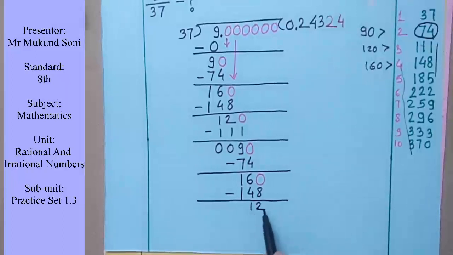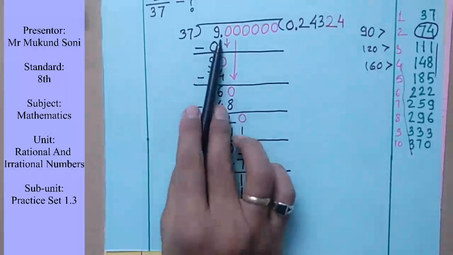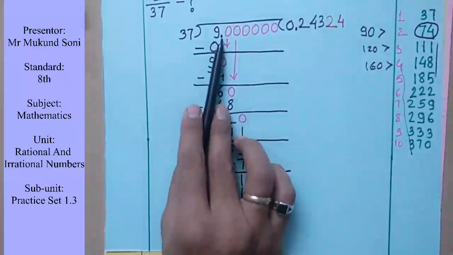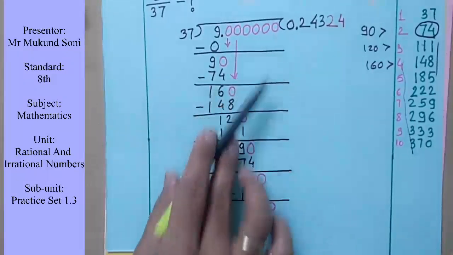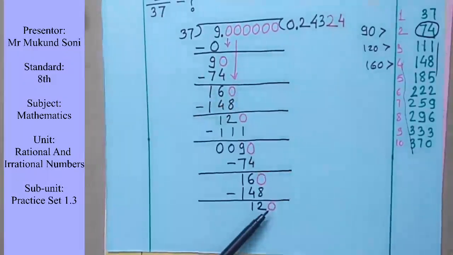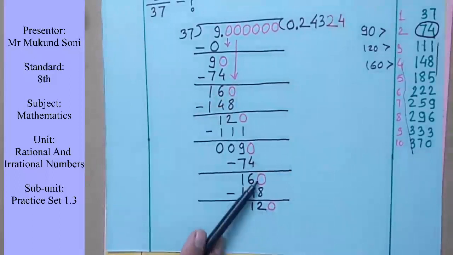12. I can have a 0 again because after this decimal point which we have used, we can have as many zeros as we want to finish our calculation down here. Why do we keep having these zeros?